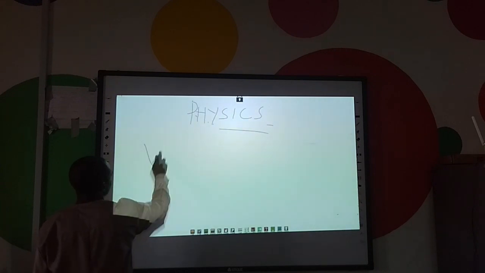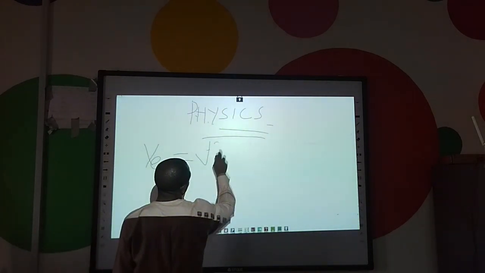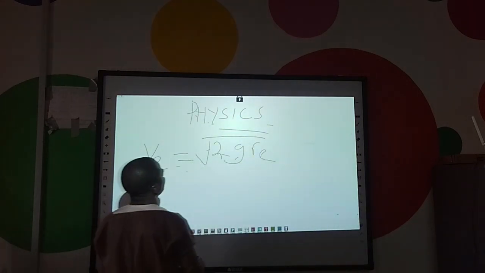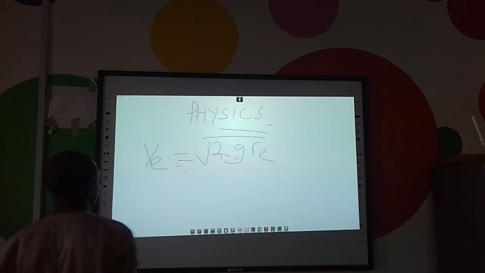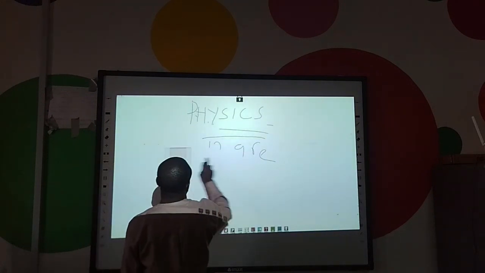Now we have V E equals the square root of 2 g R E. This is the formula to use to get the velocity of escape.